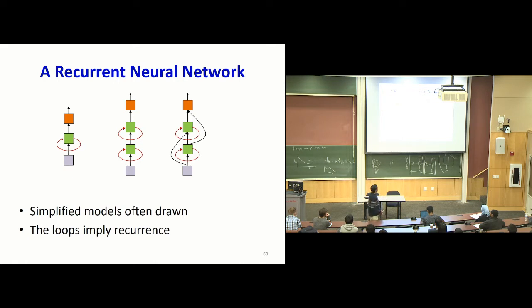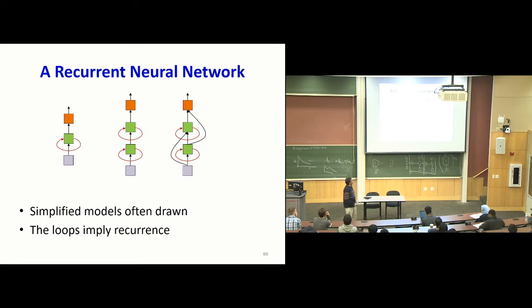If you look at a figure for a recurrent neural network, they'll draw something with a loop going back. It doesn't mean that the output is feeding back into the same variable at the same time. It really means that it's feeding back to the same variable at the next time, right?